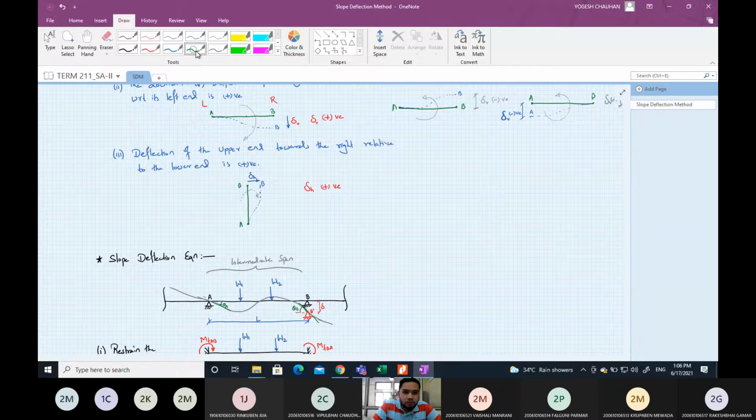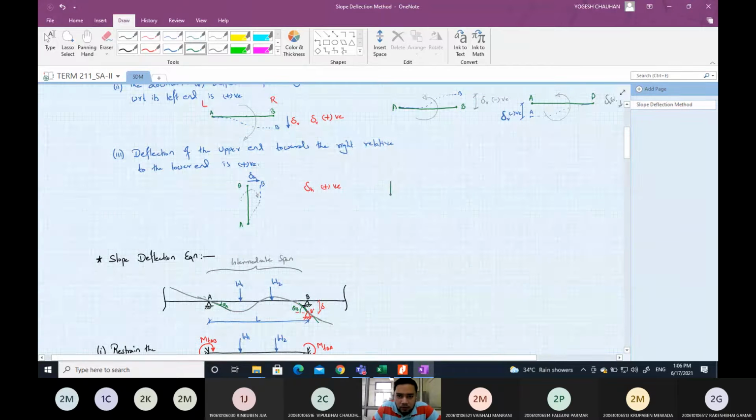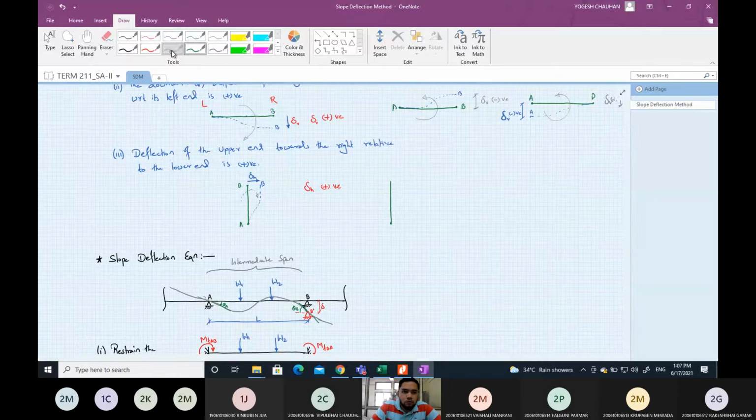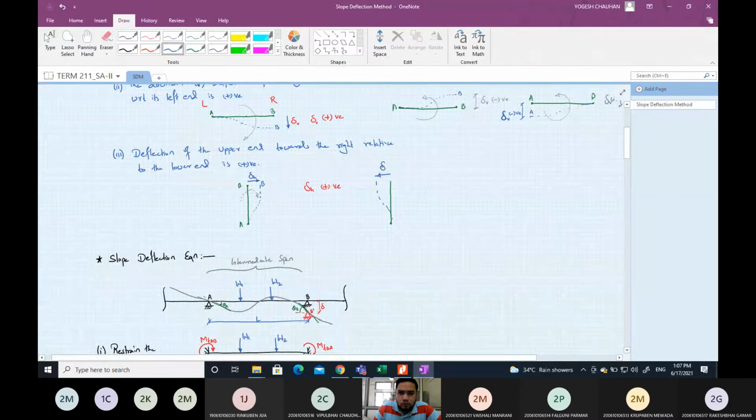Same way, if this column deflects towards the right, in that case it will tend to rotate the beam in anti-clockwise direction. Okay, so this is negative.